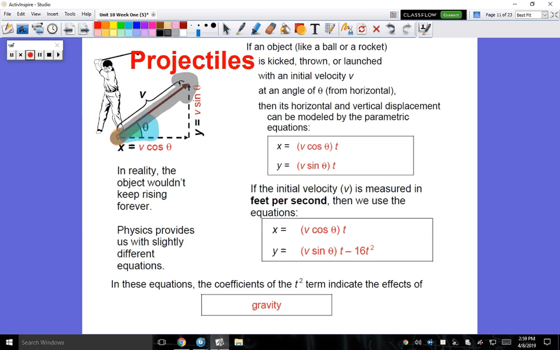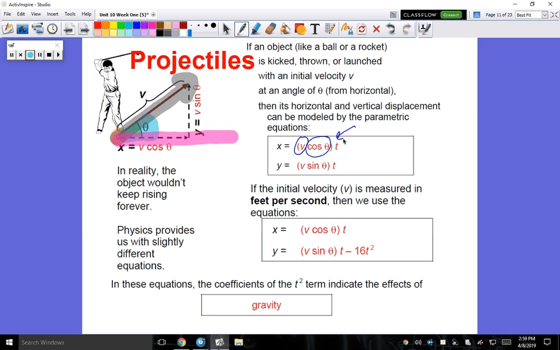How could we know how much of this will get traveled? Well, there's your x component, if you will. It's going to be, just like you did with vectors, the magnitude times the cosine. The only difference, extra added piece, is now you're going to have a time interval.